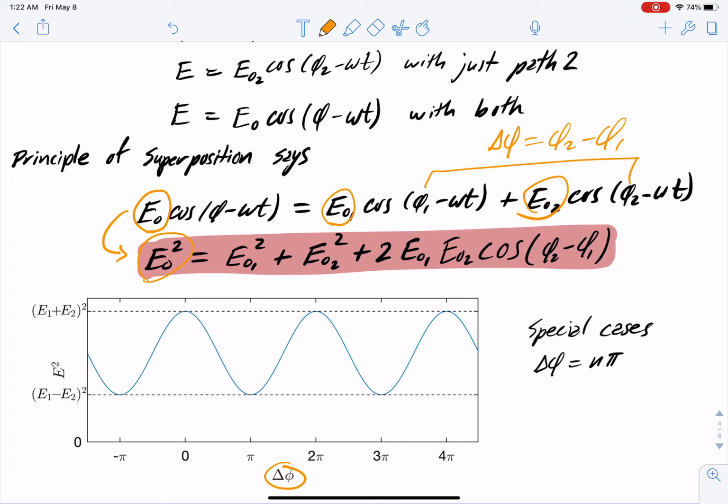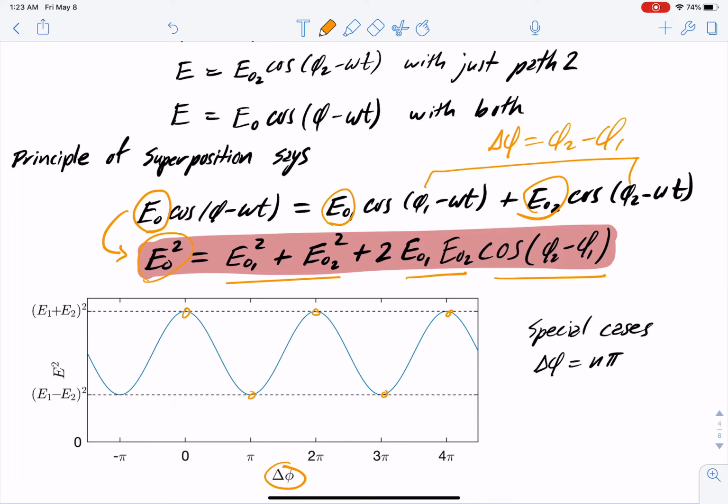You can see that this is a constant plus another constant times the cosine, so it's not too surprising that it looks like a cosine graph. The peak is at 0, the first minimum is at pi, so it's just that cosine graph bouncing up and down. The minimum value is when the cosine is -1.